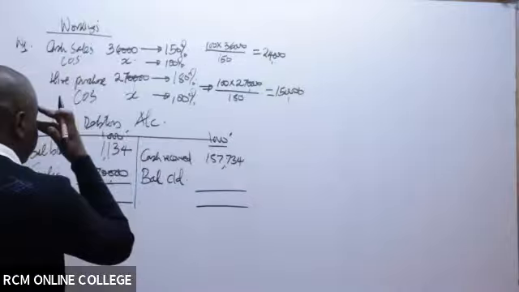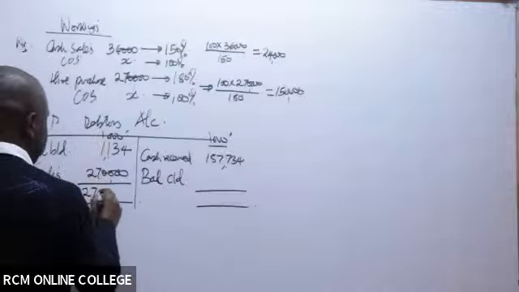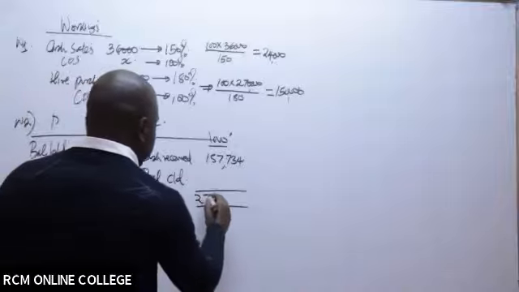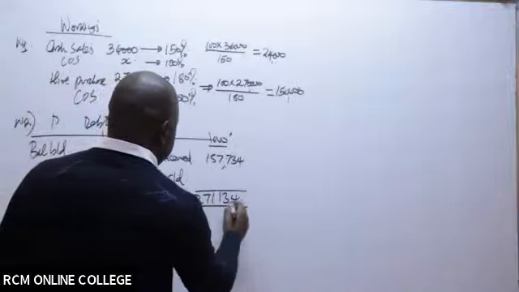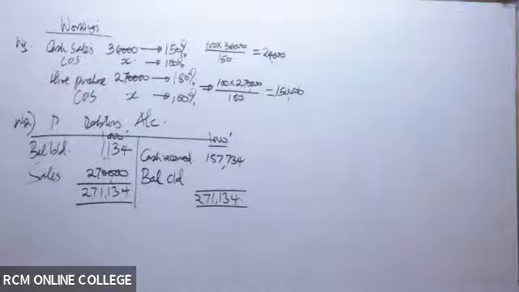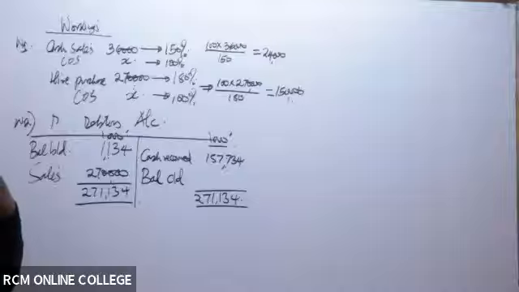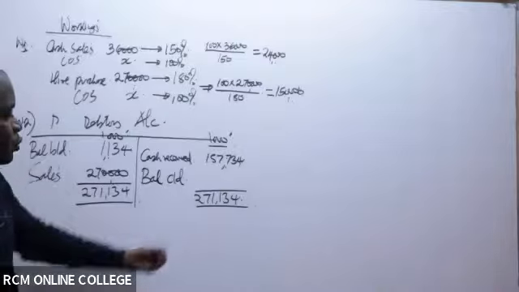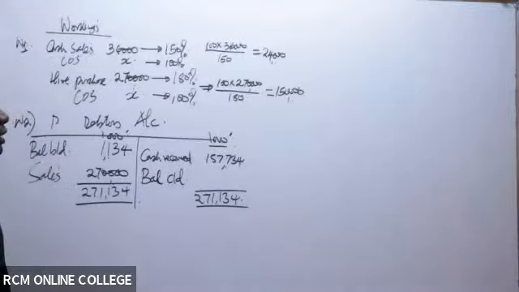So you can get the balancing figure there. I think this one is 271,134. If you minus 271,134 minus 157,734 to get the outstanding amount on hire purchase sales, how much do you get?